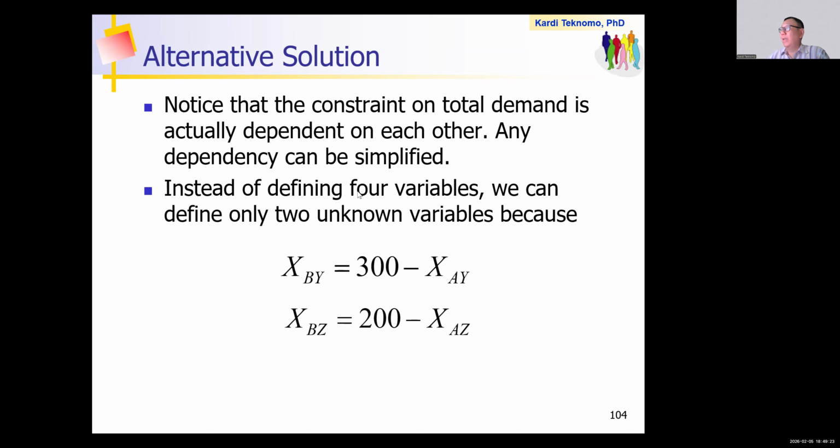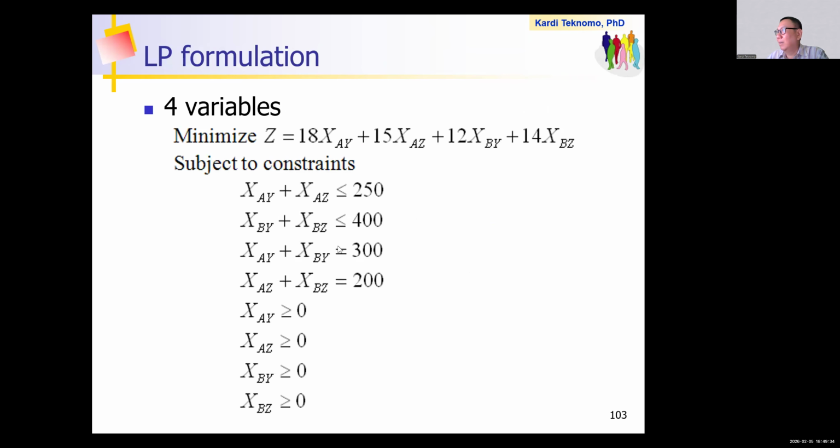Why? Because of the equality. If you notice the constraint of total demand, there is equality, right? Because of the equality here, you can improve it, because you already know this is equal, then you can put it on the right hand side.